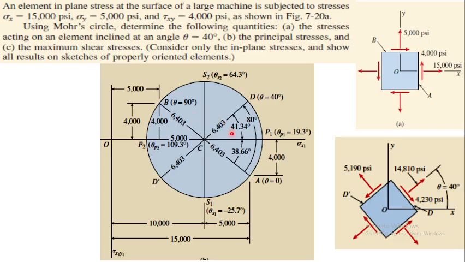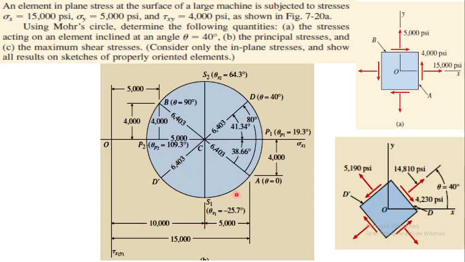If you add 180 to 38.66, you will get something like 218.6. On the element it will be 109.3. So theta P1 plus 180 will give you theta P2.